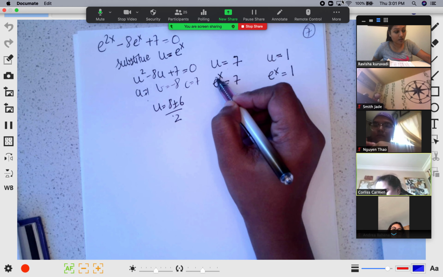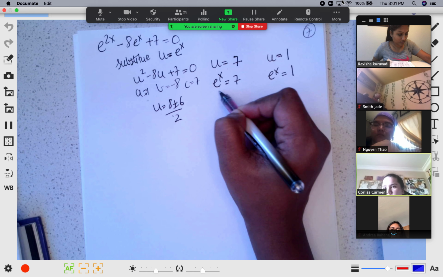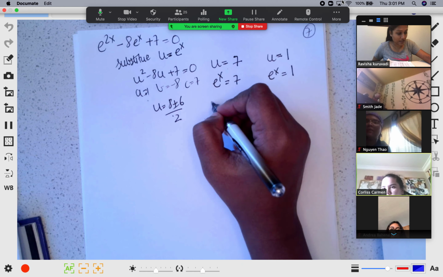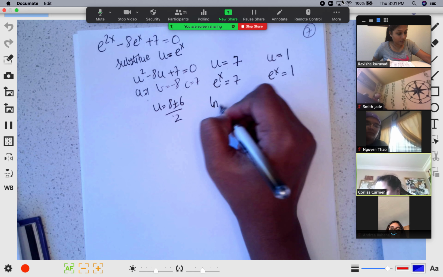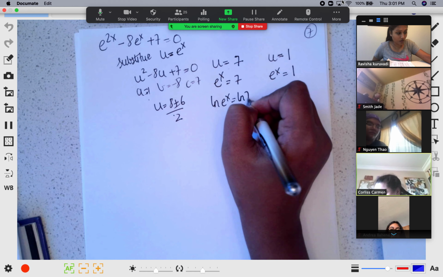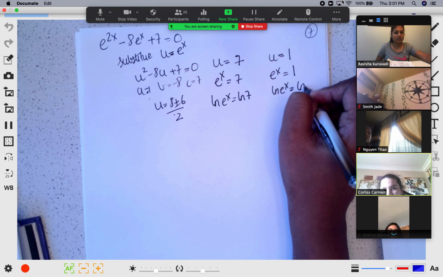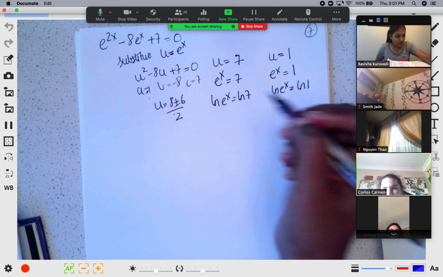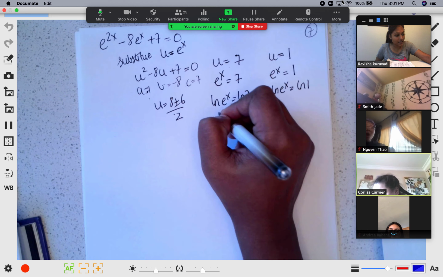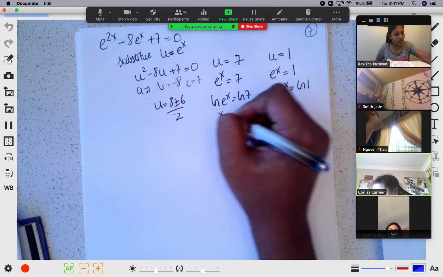I have got e to the power of x as 7. How do I solve this? By the ln. Yes, ln on both sides. So it becomes ln e to the power of x is equal to ln 1. What is ln e to the power of x? It's x. x, you get x as ln 7 and here you get x as ln 1.